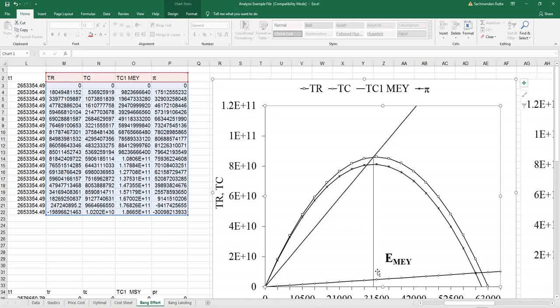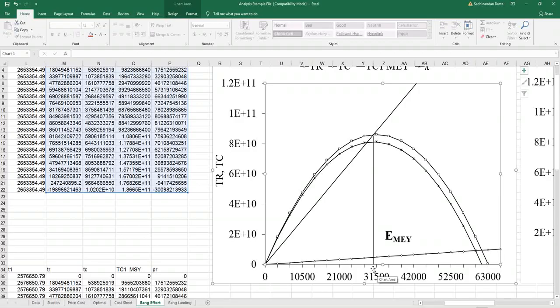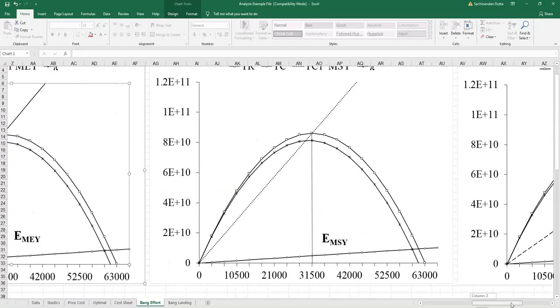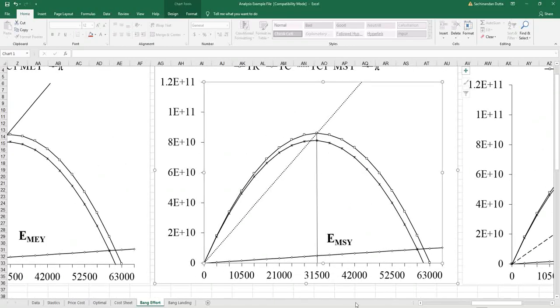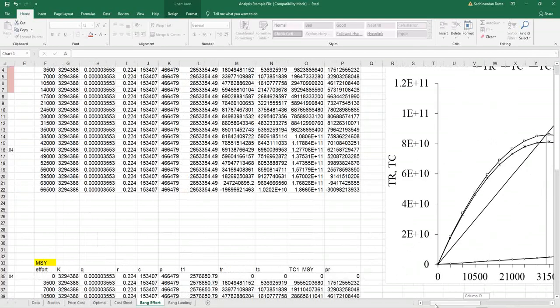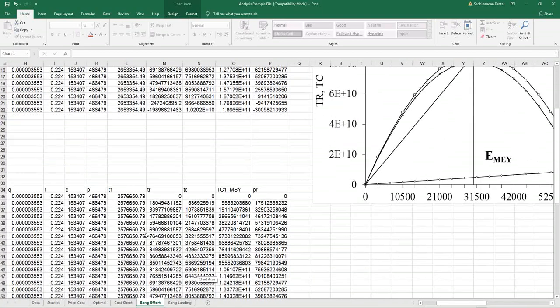This is the effort MEY: almost 31,000 or 30,000-something boats is good for economic sustainability. Accordingly you have to calculate the effort MSY. So this is the MSY.